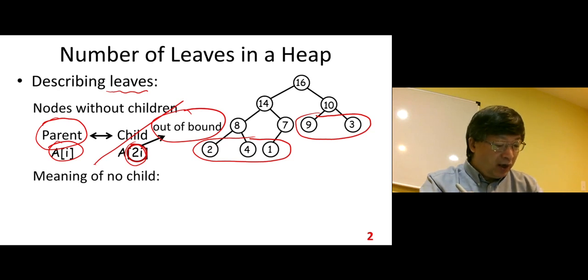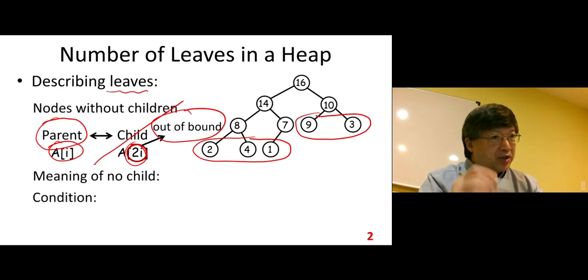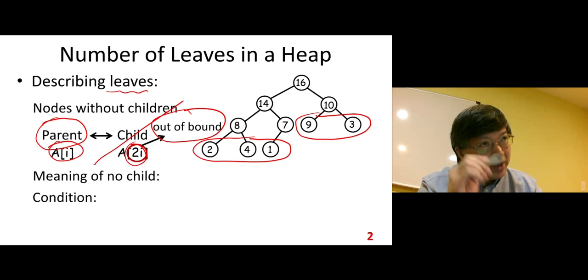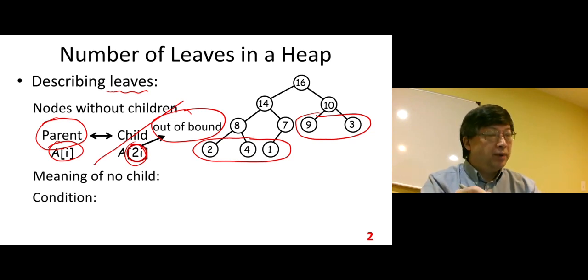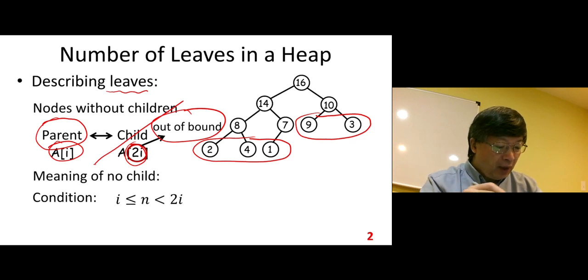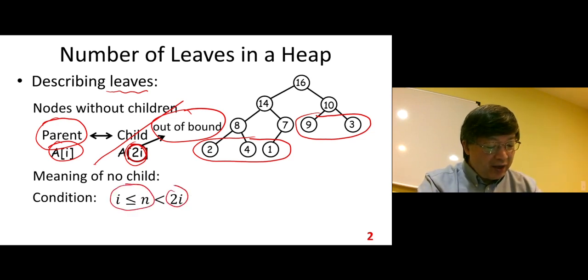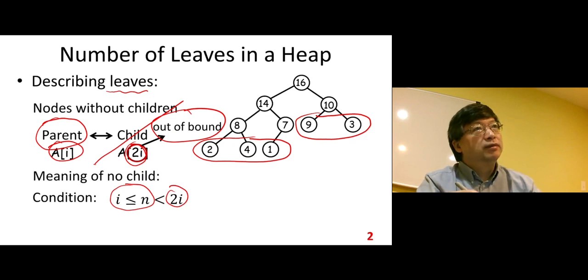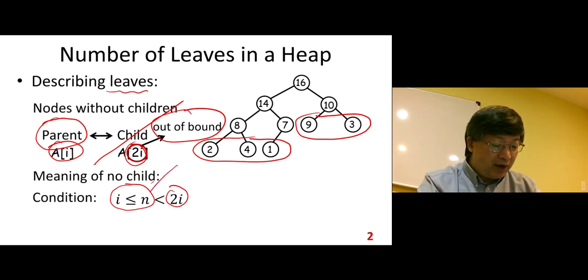All right. So now let's look at the condition. Out of bound. What do we mean by out of bound? We want to represent this out-of-bound requirement. i is within the bound, so i is less than or equal to n, but 2i is out of bound, that is, 2i is greater than n. n is the bound, right?